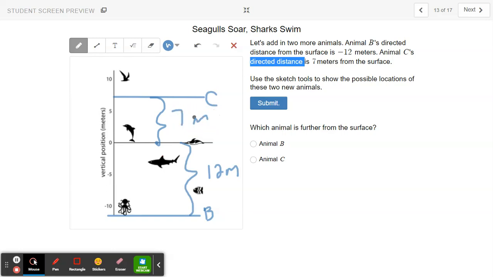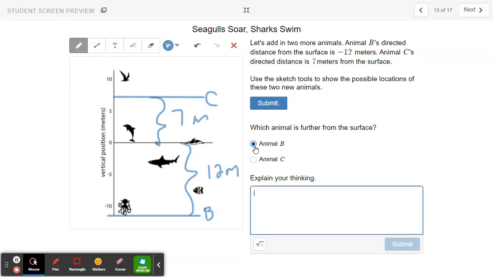So even though the number 7 is bigger than the number -12, animal B is still further away, right? So B is 12 meters, whoops, sorry, my dog gets mad at people. And C is 7 meters.